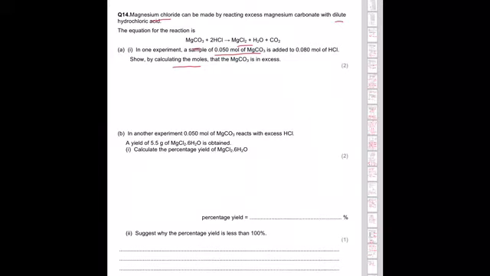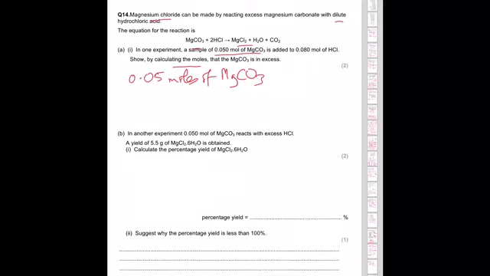Right, so if you've got 0.08 moles of hydrochloric acid and the ratio is 2:1, that means you're going to need half of that of magnesium carbonate. So you're only going to need 0.04 moles of magnesium carbonate, but you've got 0.5 moles, so you've got in excess of it.